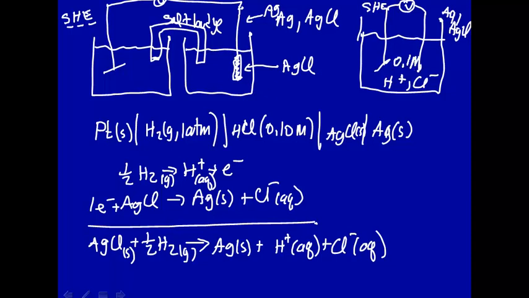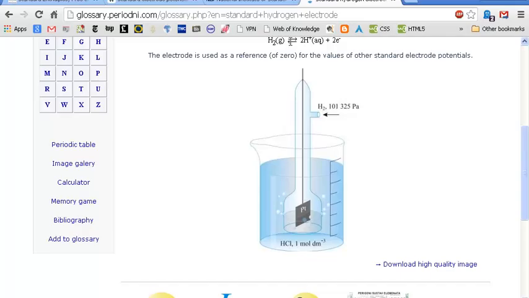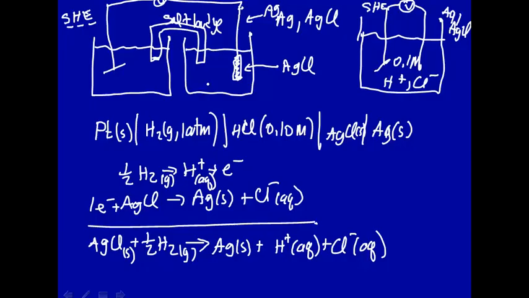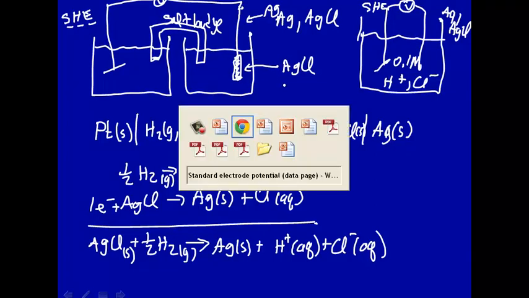Why am I using molar instead of molal or mole fraction or so on? The reason I'm doing that is if you look at standard electrode potentials, if I'm going to use this table of standard electrode potentials, reduction potentials, to calculate E0, I have to have this standard state. So if you're going to do an experiment and use standard state reduction potentials, you've got to make this standard state.